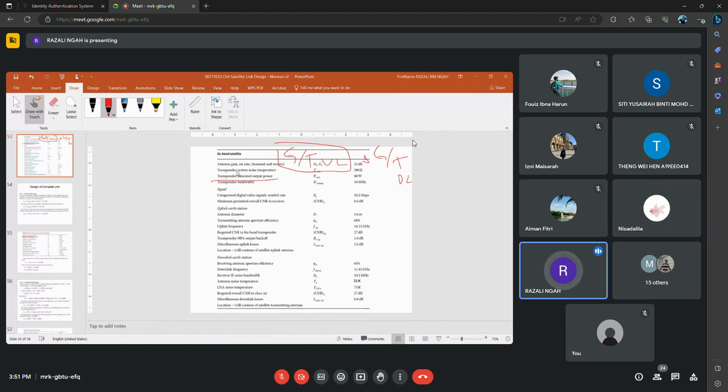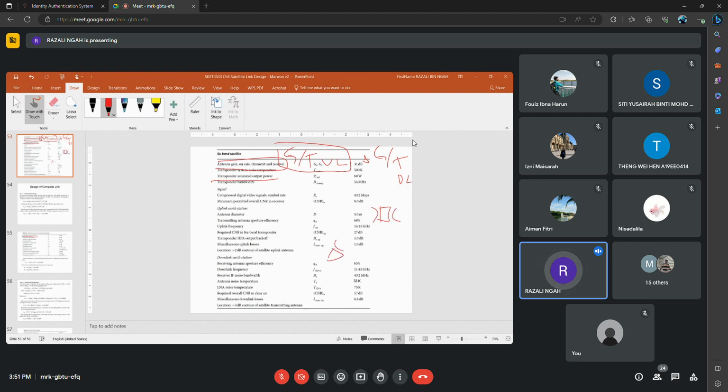Okay. All right, so yes, that's correct. For uplink G over T, because it's stated here, antenna gain on axis, in bracket transmit and receive. That means on the satellite.